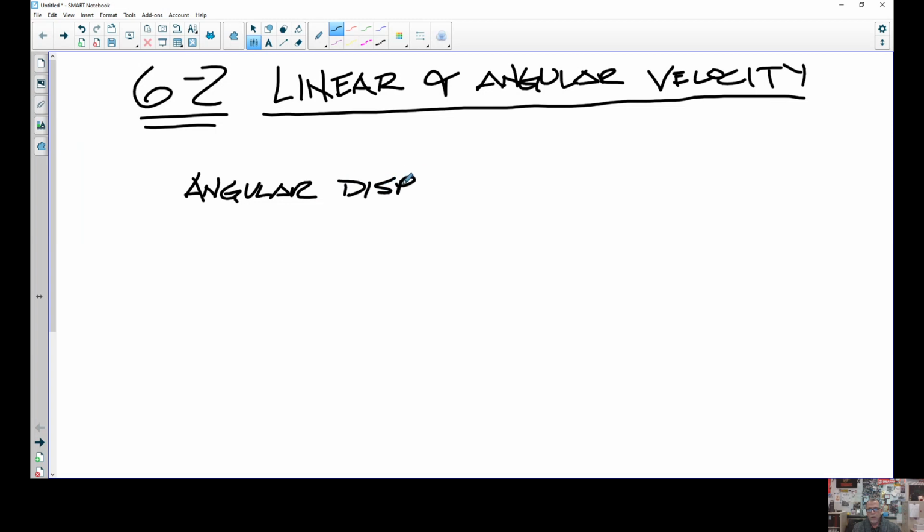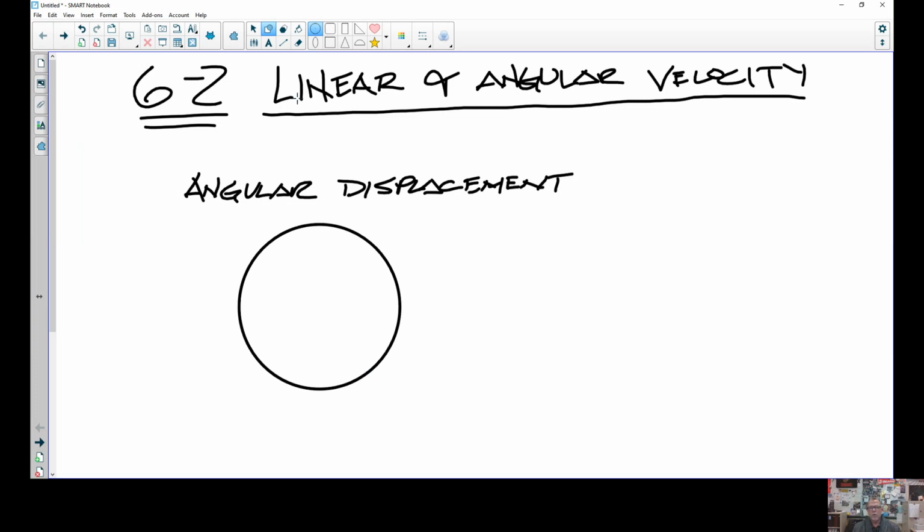All right, when we start talking about angular displacement, what we're talking about is if we have something that is circular, I'm going to use my handy dandy tool here to make a circle. If we have a circular object and a point on the edge of that object, as it rotates around the circle, how far it moves.